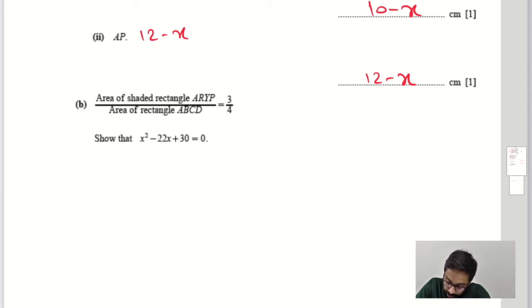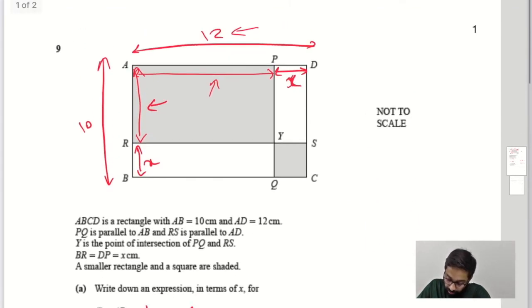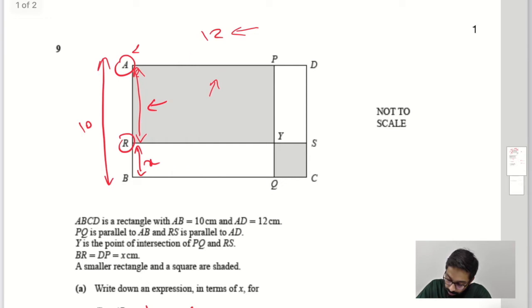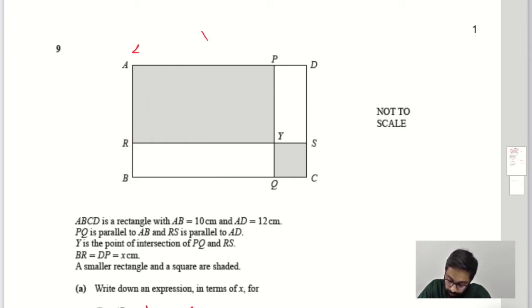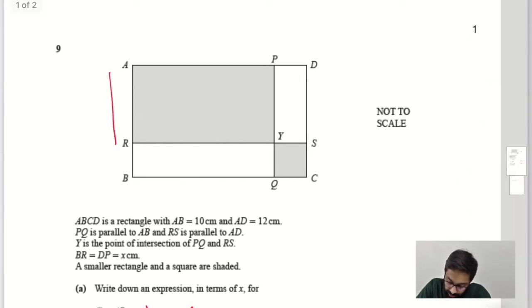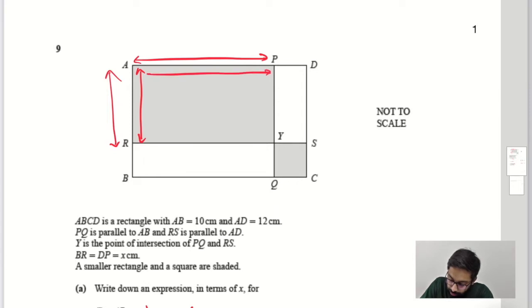So let's talk about ARYP first. ARYP is this. So let's remove all the external scribblings that we've done on the diagram. One second. So if we talk about this area right here, about this rectangle for ARYP, you will need the length of this part and this part.